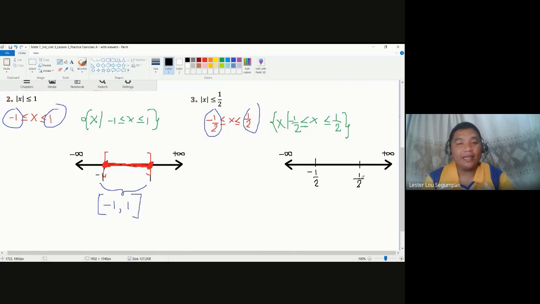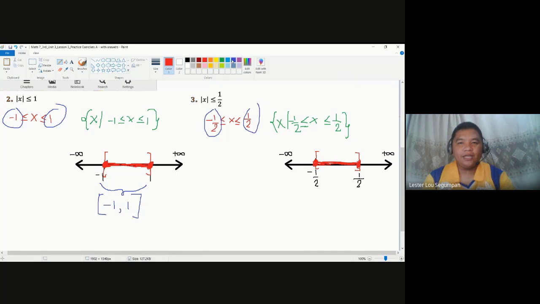And then all values in between. Oops, sorry for that. But since -1/2 is included, let me close this and also close this one and use brackets, not parentheses. Okay.